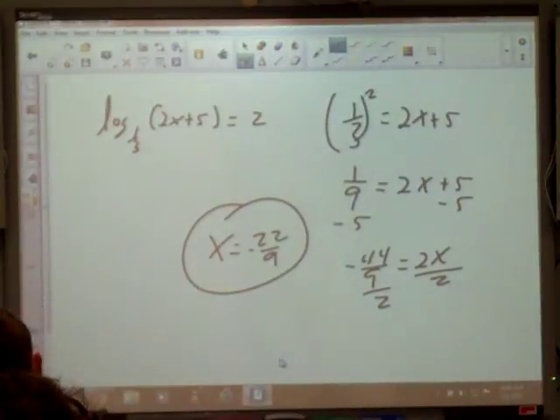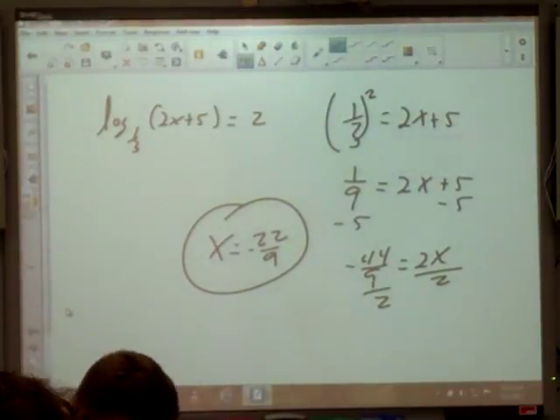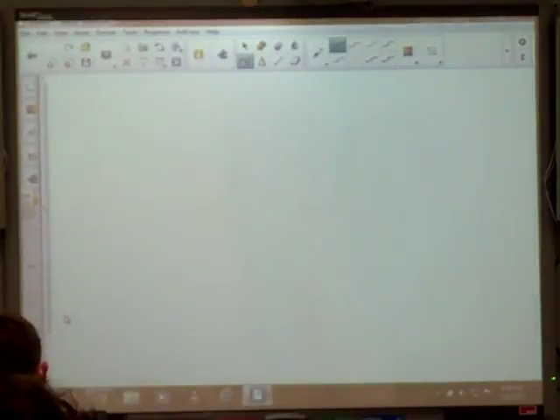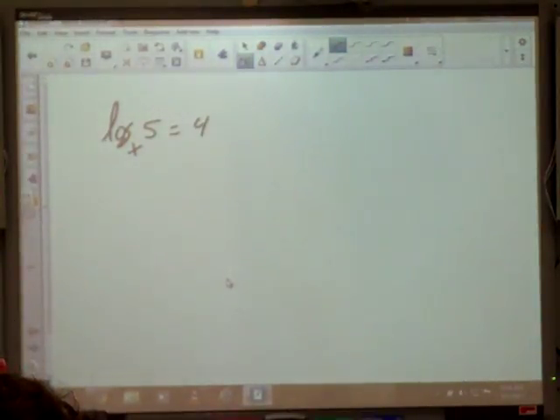Alright, now let's look at one where our base is a variable. Everybody alright? I've got log base x of 5 is equal to 4. Alright, so what would that be?